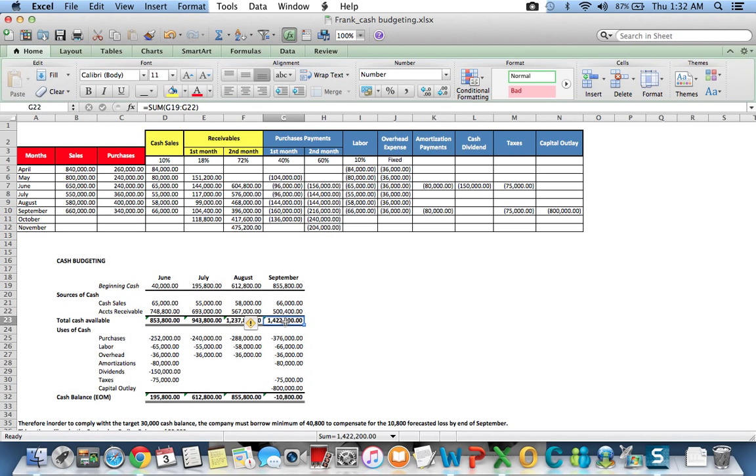The total cash available for the month of September is 1,422,200, with purchases of a total of 376,000, labor expense 66,000, overhead expense 36,000, amortization expense 80,000, taxes 75,000, capital outlay 800,000. It will have an ending balance of negative 10,800 pesos.